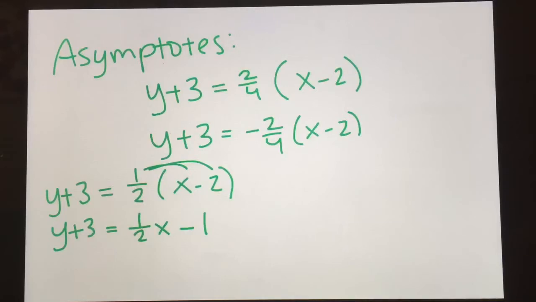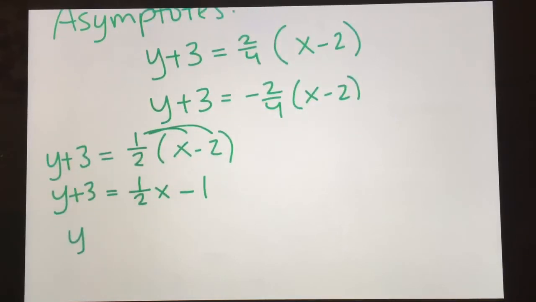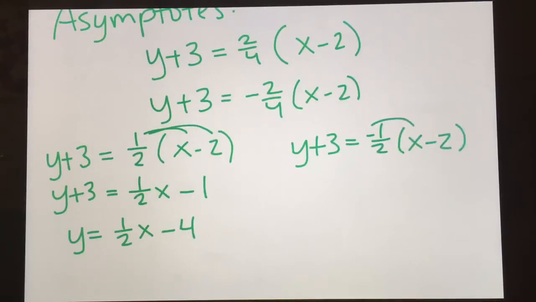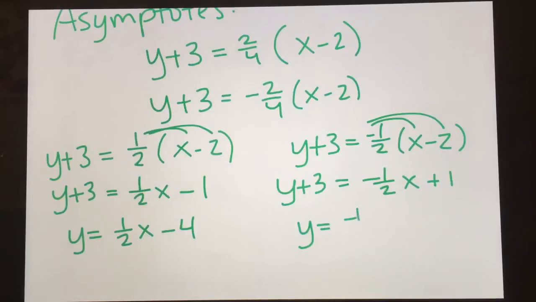And then I want to get the y all alone so that that's something I can graph. Subtract 3 and I get 1/2 x minus 4. Okay, and then I'll do the other one as well. So I'll distribute that negative 1/2 and subtract the 3 over so that I can graph it.